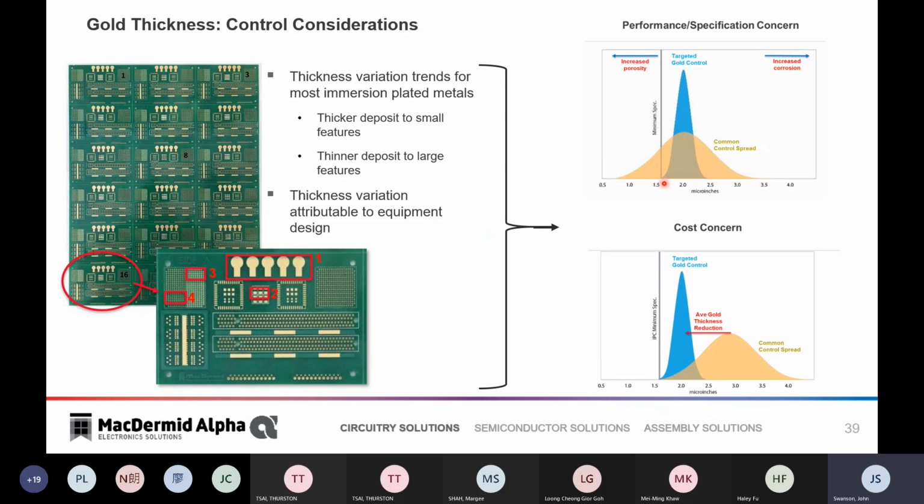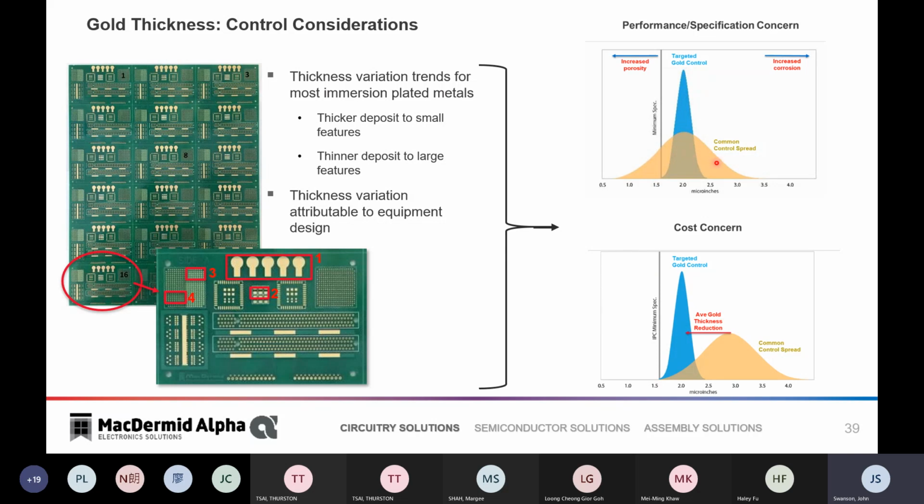So what we want to do is measure the distribution. I'm showing simple bell curves here, the simple distribution of the gold thickness on a board across the whole board, across all the features. So you can see in the blue trace here, we're describing a very good and highly controlled distribution.